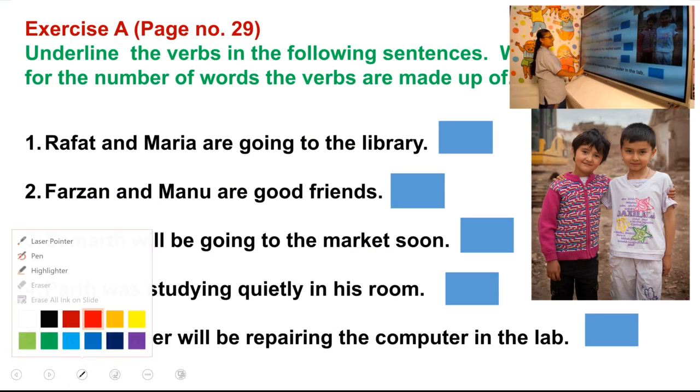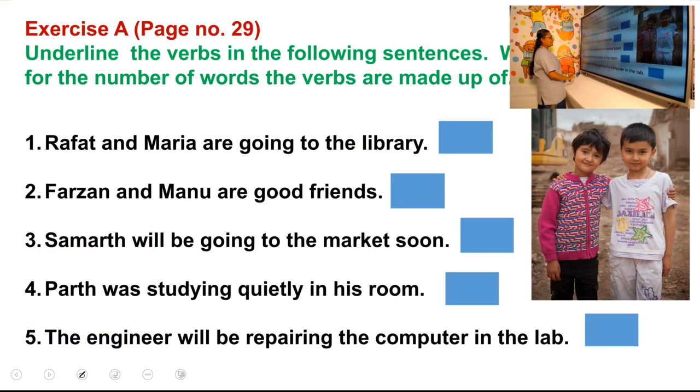Are going is the verb. Please underline. Are going is the verb. And this verb is made up of how many words? Are going. How many words? 2 words. So please write number 2 in this box.